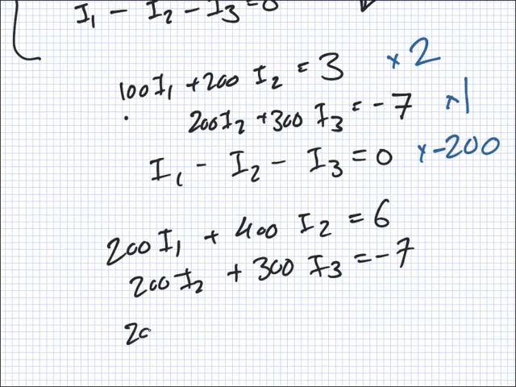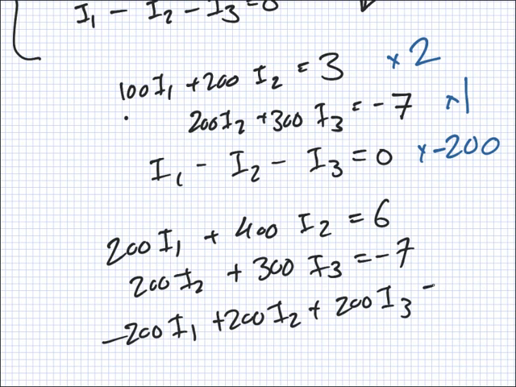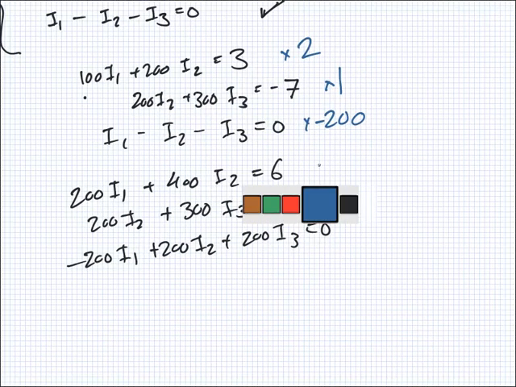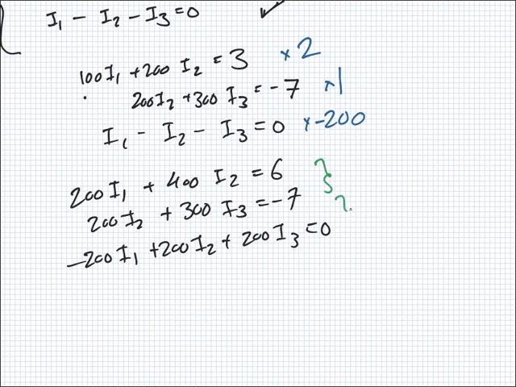Then it's 200 I1 plus 200 I2 plus 200 I3 equals 0. Let's see now. I shall minus 200 I1 minus 200 I... What the fudge?